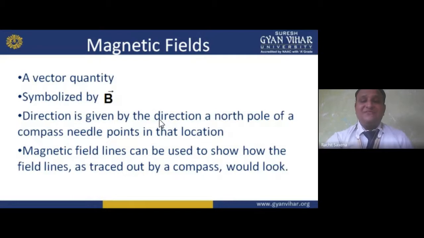Now, the magnetic field is a vector quantity, symbolized by B with a dash. Dash means it is a vector, basically a line-based quantity having some direction. We also already studied the B-H curve in my previous slides. The BH curve gives you the density and intensity relationship.